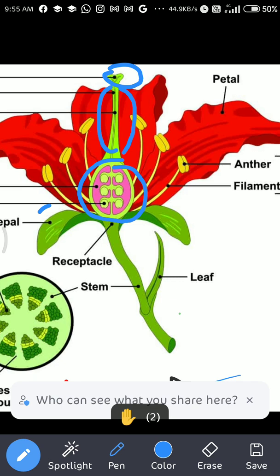So this is ovary, this is style, this is ovary. Let me show you again. Here, this is ovary.